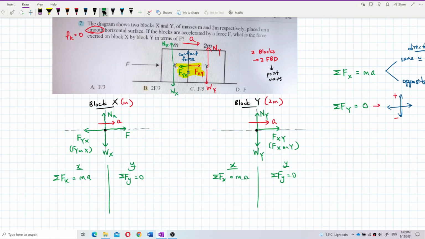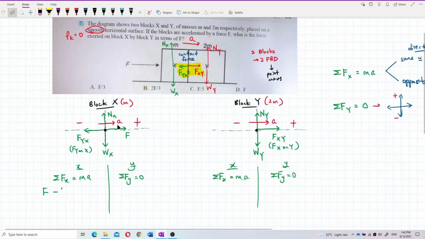Okay, if you want to do this also, look at the Fx. In the x component, which one is positive? Following the acceleration is positive, opposite acceleration is negative. So F is positive because it is the same direction as acceleration. But Fyx is negative because it is opposite the acceleration.